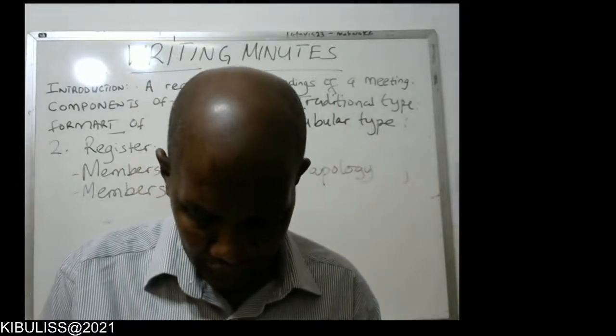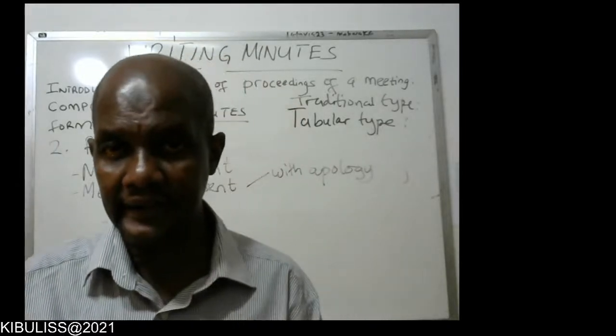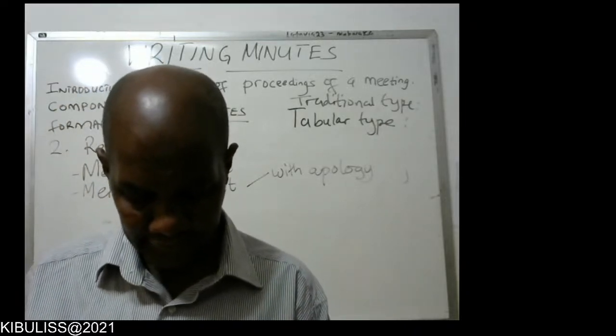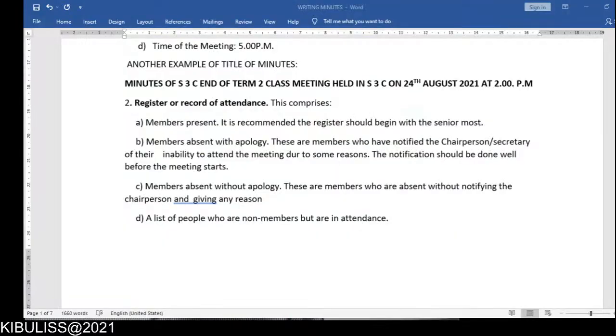These are members who are not able to attend the meeting for one reason or another. It's not that they are dodging, but they genuinely cannot attend. And the procedure is that they must inform the people in charge of the meeting of their absence. So once you get that information, then the secretary will record you as being absent with apology.